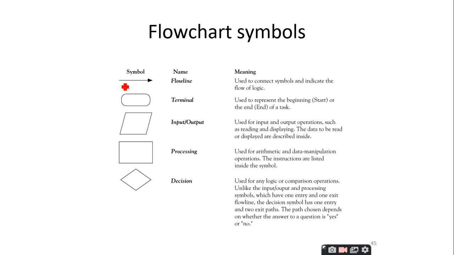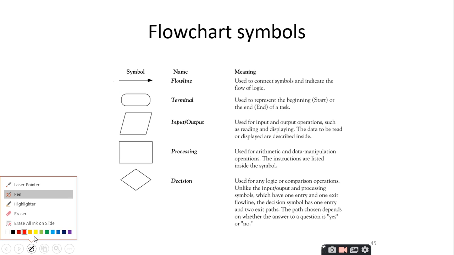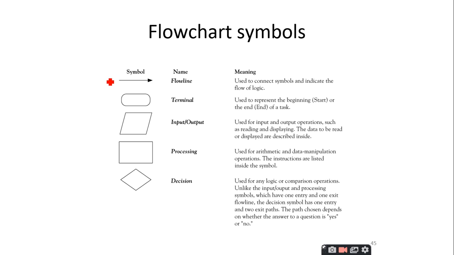We have already discussed that the flow chart consists of various symbols, and this is where we are going to discuss these symbols. The first symbol I am going to discuss is the flow line, which is represented as an arrow line. This can be from right to left, left to right, bottom to top, or top to bottom.